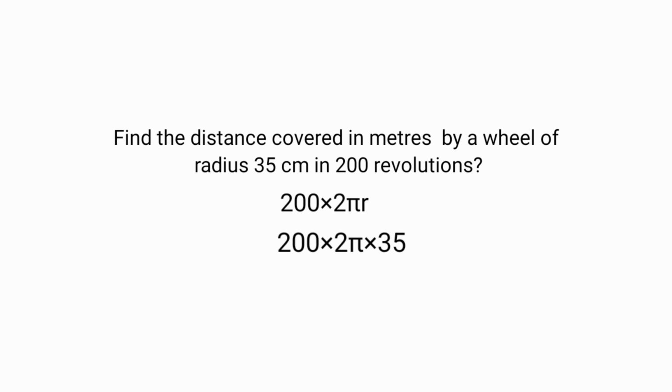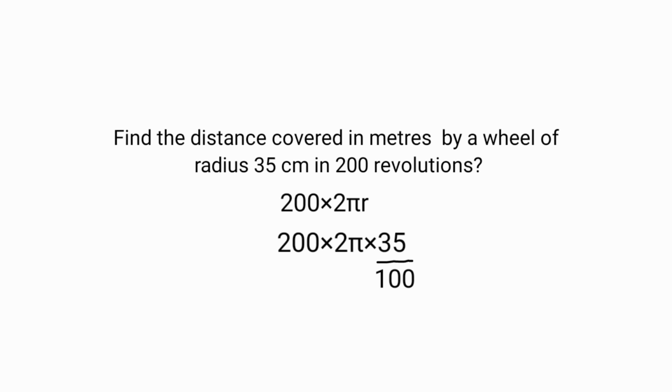In our question, we are asked to find the distance in meters, so we have to convert this 35 centimeter to meters. We know that 1 meter is equal to 100 centimeters, so 1 centimeter will be equal to 1 by 100 meter. So 35 centimeters will be equal to 35 by 100 meters.